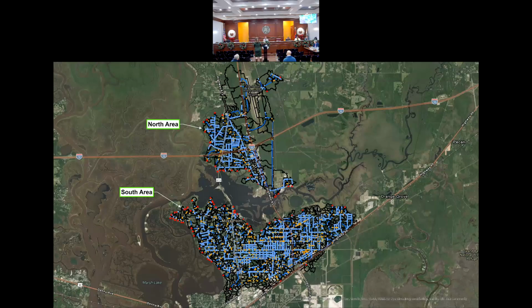Funding, will they cover it through CDBG? Yes, so all of the funding for task 1, the emergency drainage, task 2, the study, and task 3, which is the construction plans and the construction of improvements, is through CDBG.